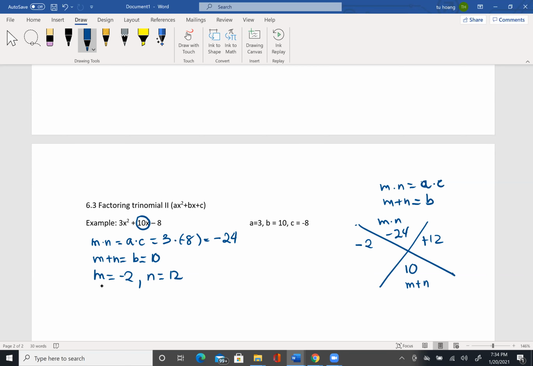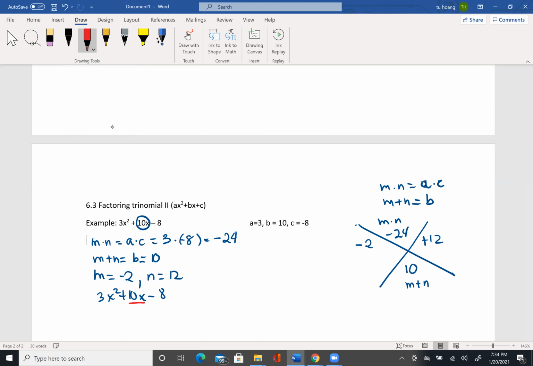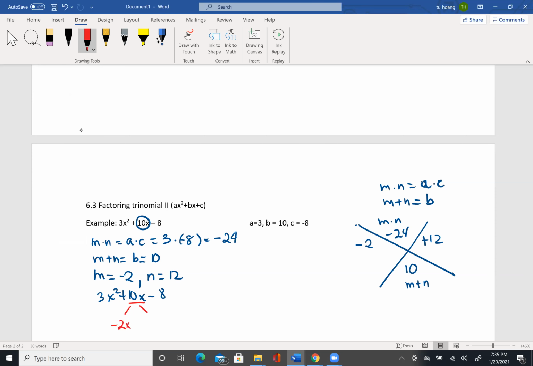So let me write it out. 3x squared plus 10x minus 8. Now I will write the 10x as negative 2x plus 12x. Is that good?